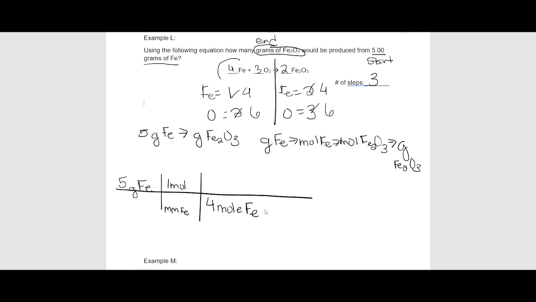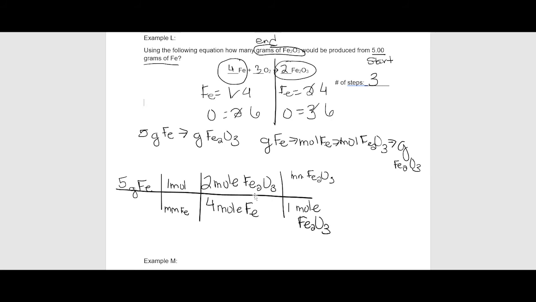I look up at my coefficients to figure out what that ratio is. Remember, iron is my given, so it goes on the bottom, and iron 3 oxide is my unknown, so it goes on the top. My last conversion factor is going to be the molar mass of iron 3 oxide over 1 mole of iron 3 oxide. And again, I'm going to put that placeholder, MM iron 3 oxide, just to remind me to go back and find that.